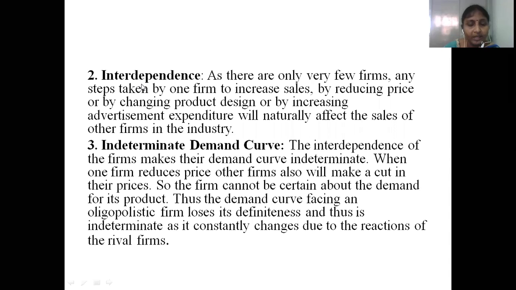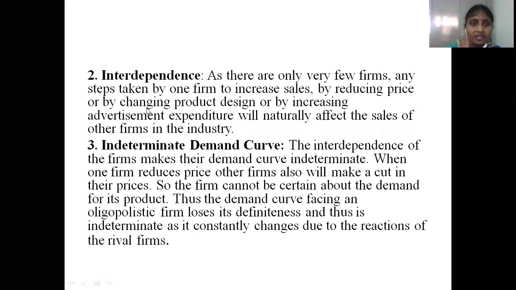That is called interdependence. As there are only a few firms, whatever steps are taken by one firm to increase sales matter. Suppose I have an automobile company or a cigarette company, whatever it may be. I want to increase the sales of my product, so I reduce the prices of that product.